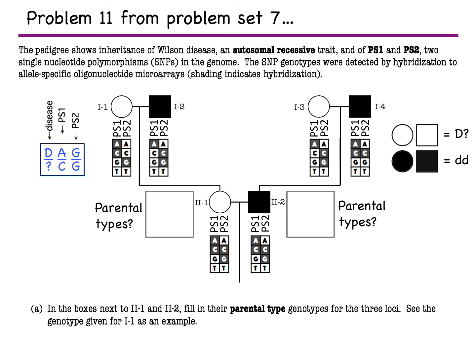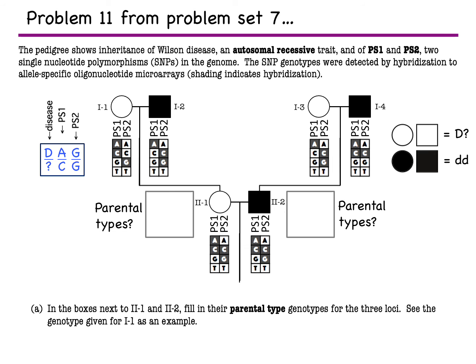Individual 2-1 does not have the disease, so they must have inherited the dominant non-disease allele from individual 1-1. That person is an AC heterozygote at polymorphic site 1, but only individual 1-1 has a C at polymorphic site 1, so they must have inherited that C allele from individual 1-1.